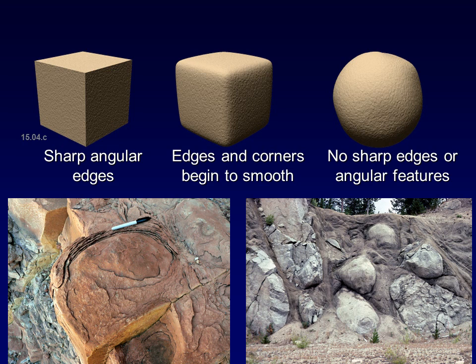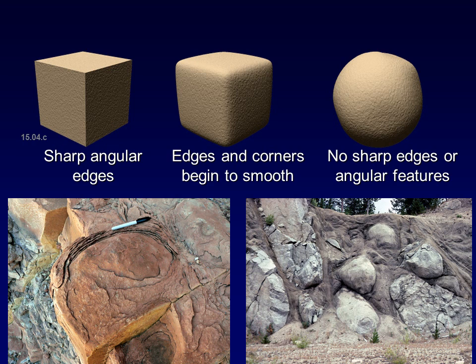If you want to prove this to yourself, an easy experiment is to just grab a couple sugar cubes and put them in a jar. They start out perfectly angular, made up of little grains of sugar, just like a sandstone would be made up of grains of sand. And you shake it, and the first thing that happens is you lose all of the sharp edges, and then it rounds out.